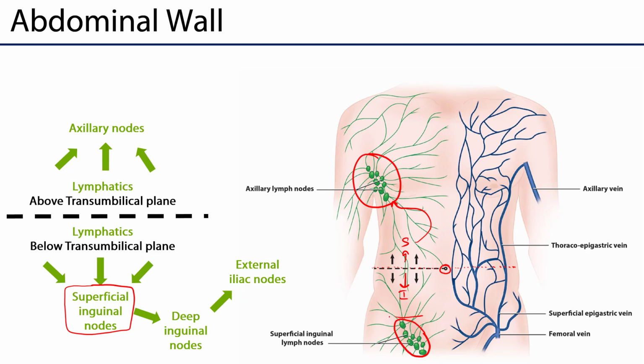So they lie superficial to the femoral triangle, hence superficial. They drain into the deep inguinal nodes, and it's the deep inguinal nodes that then feed into the external iliac nodes. So anything from the body wall takes the long way down through the lower limb before ultimately ascending through the lumbar trunks.